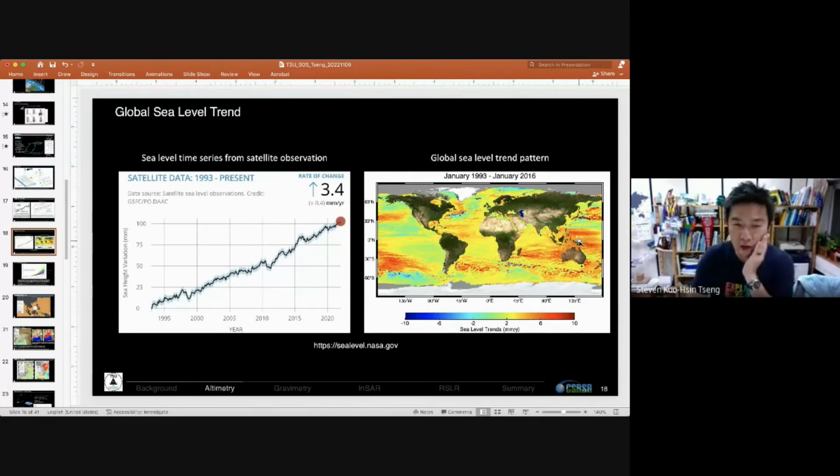And again, I want to emphasize that some patches are also periodical terms, because this figure is from 1993 to 2016, so it's about 20 years. It only tells us that in this period we have this kind of pattern.